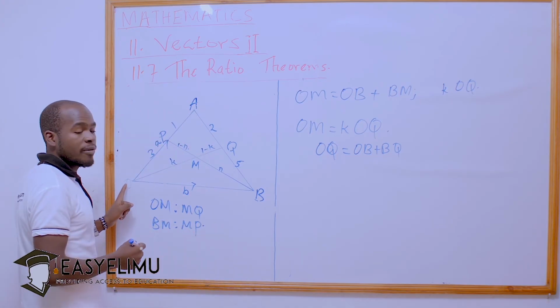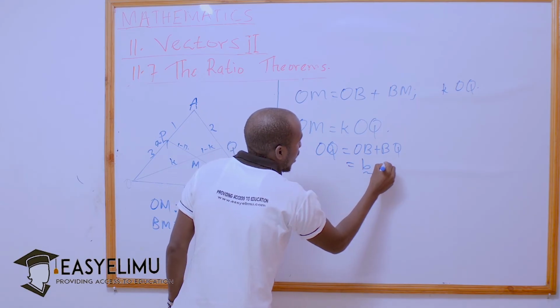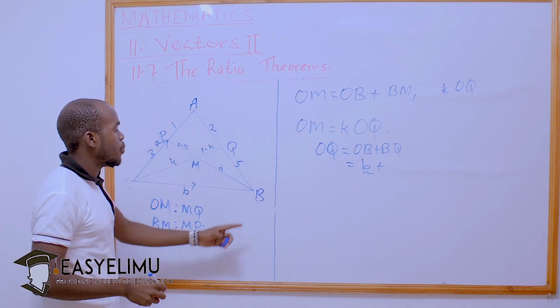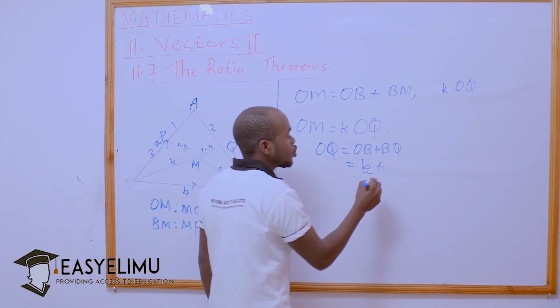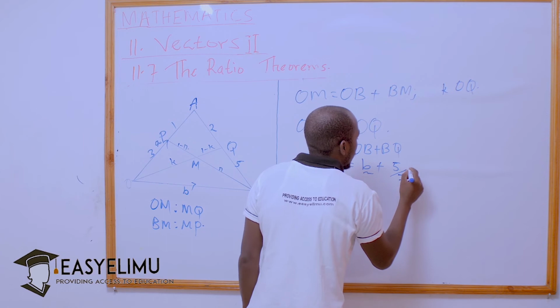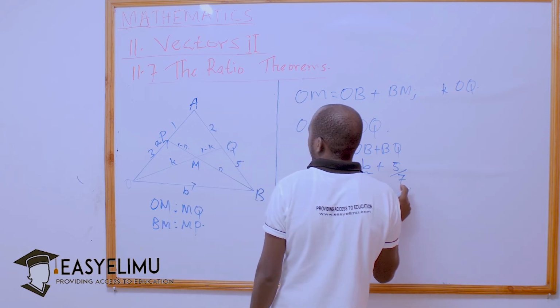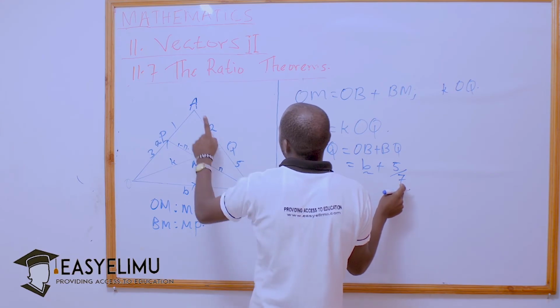So we have OB as vector B, and BQ will be 5 of the total ratio, that is 7, multiplied by BA.